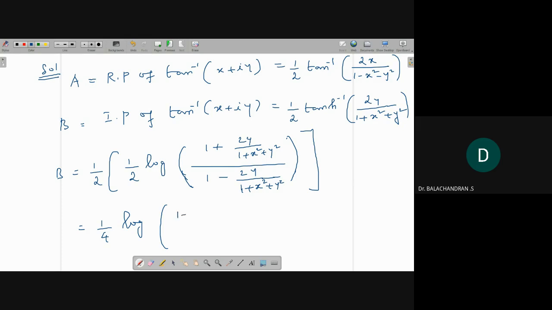The numerator has 1 plus x square plus y square plus 2y, and the denominator has 1 plus x square plus y square minus 2y. After taking LCM, the denominators 1 plus x square plus y square cancel.